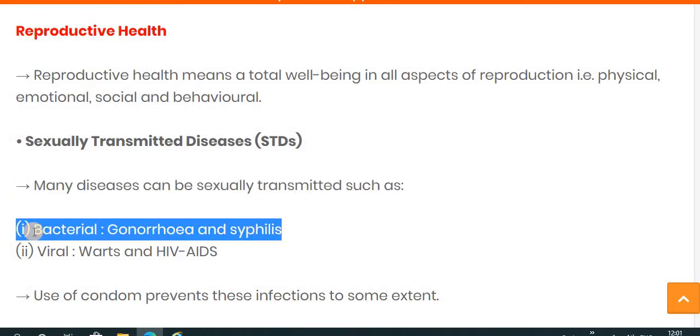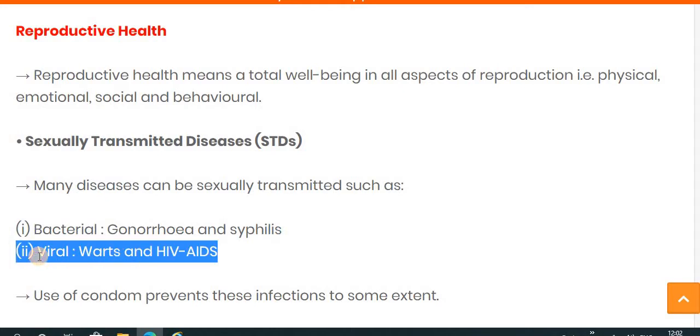The first one is STD caused by bacteria, and the disease names are gonorrhea and syphilis. If asked for a virally transmitted sexual disease name, then warts and HIV/AIDS.